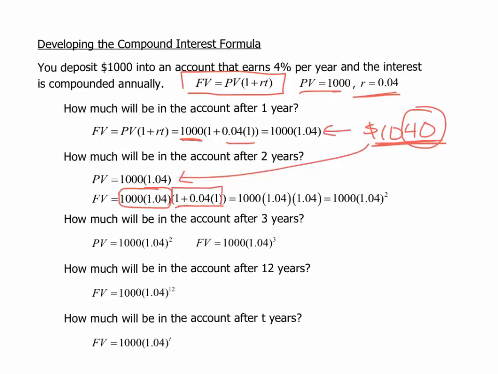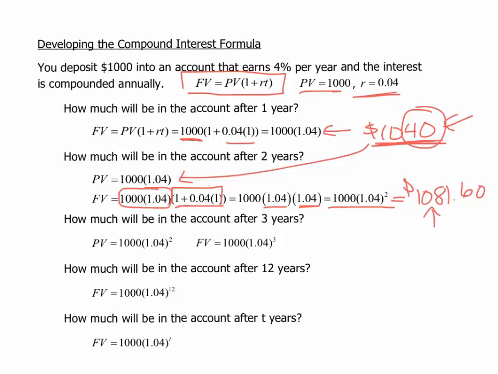That's what this does. And so after 2 years, notice that we end up with 2 copies of that 1.04, and so we end up with 1,000 times 1.04 squared. This turns out to be $1,081.60.